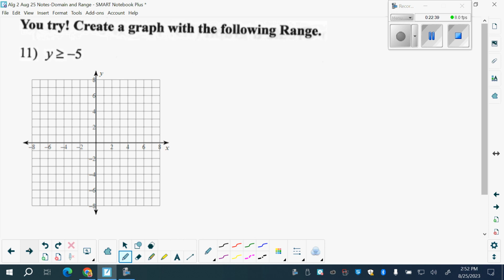Well, I should have put a domain and range on that one. Okay, there's an example. Does that make sense? We have to go up to positive numbers.